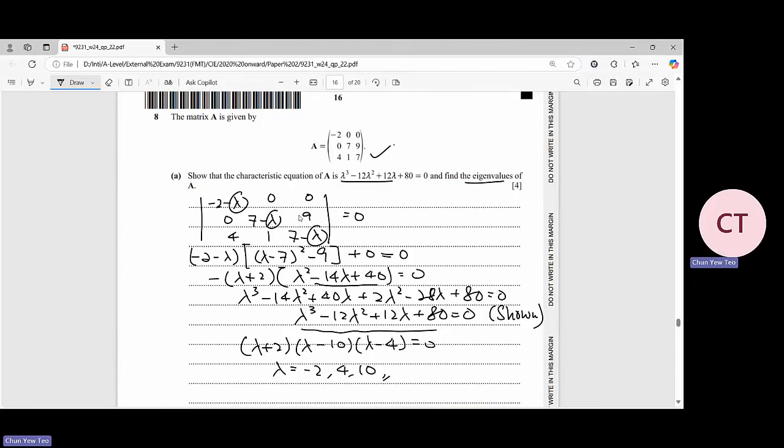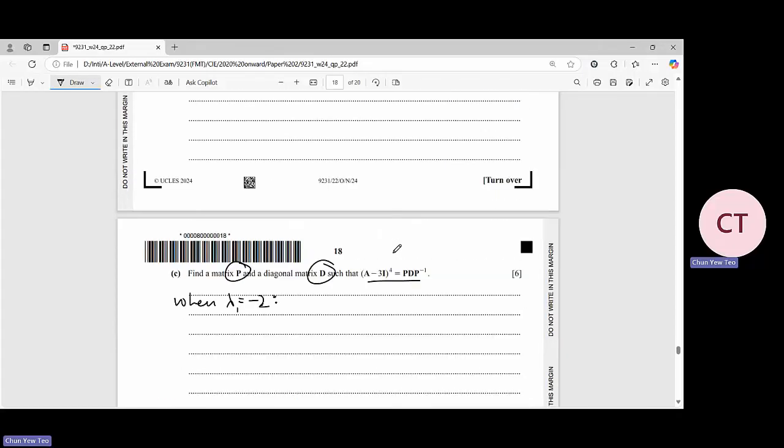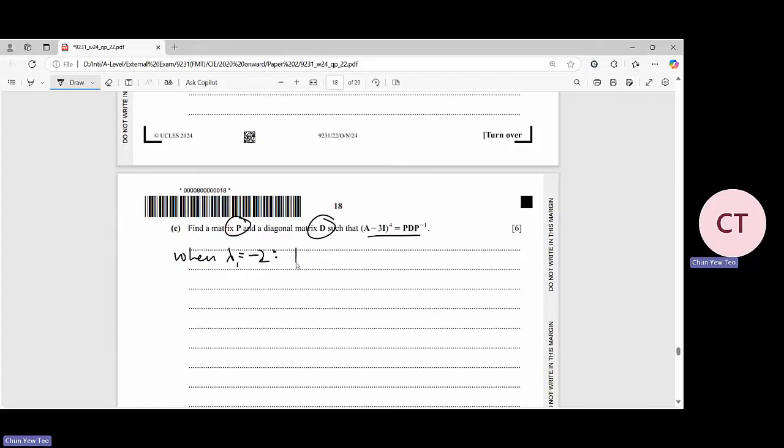Then choose 2 non-parallel vectors to find the cross product. I will choose the second and the third rows, and do the cross product with i, j, k: 0, 9, 9 and 4, 1, 9.